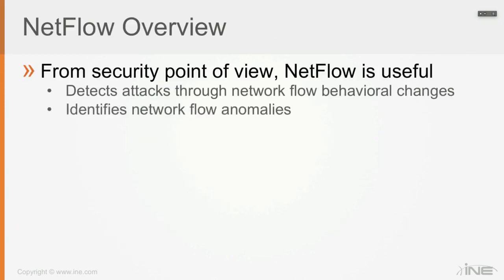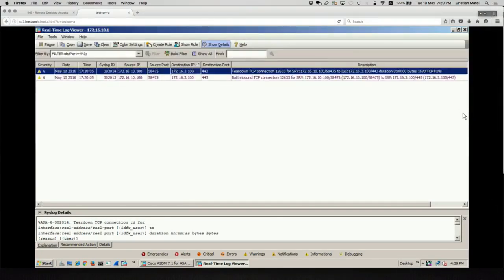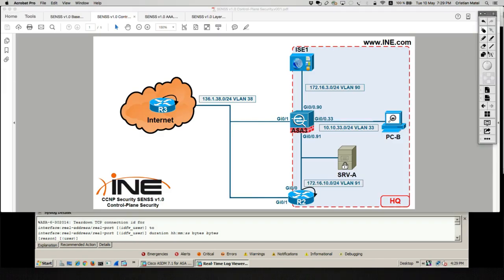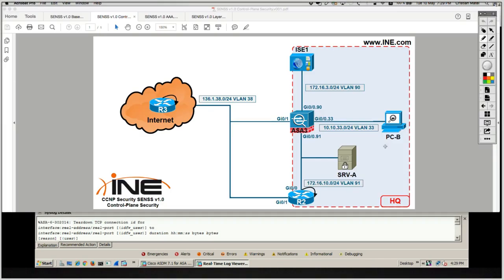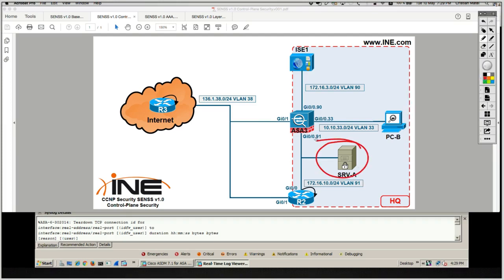Now, as I stated before, Netflow from a security point of view is useful because it can detect attacks through network flow behavioral changes. For example, when we do a baseline of the network, we know that this server has never sent any kind of HTTP traffic out to router 3.